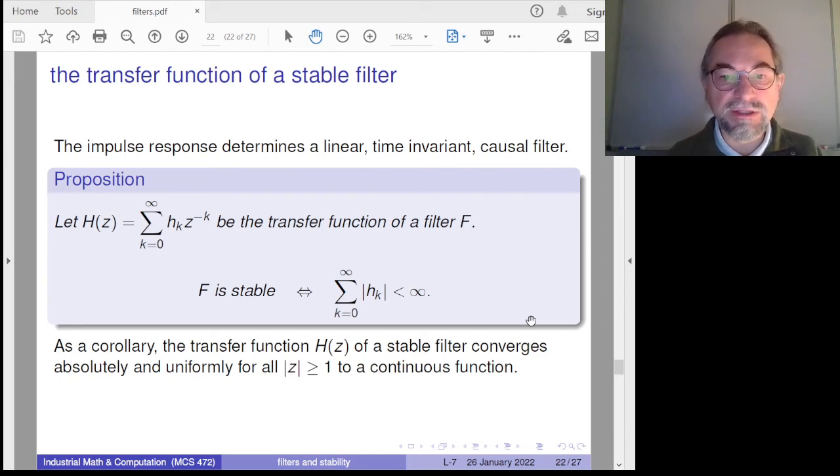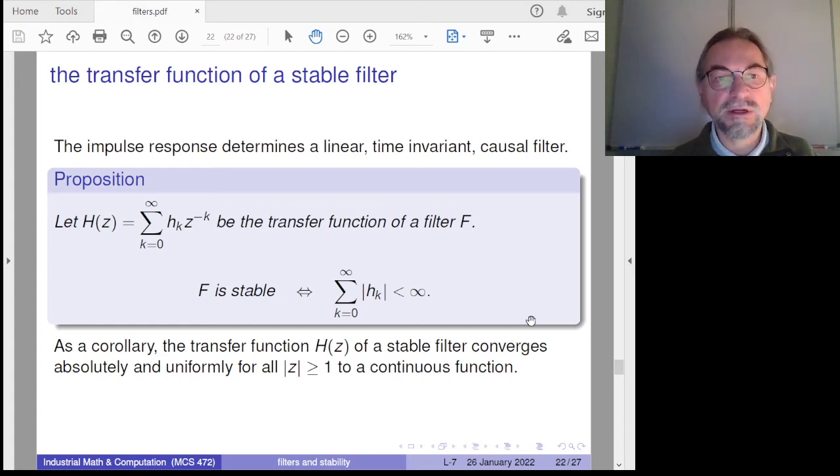If the sum of all the coefficients in the impulse response sums up to a finite number, then the filter is stable. So this property says again that if you know the transfer function of a linear time invariant causal filter, then that also determines the stability of your filter.